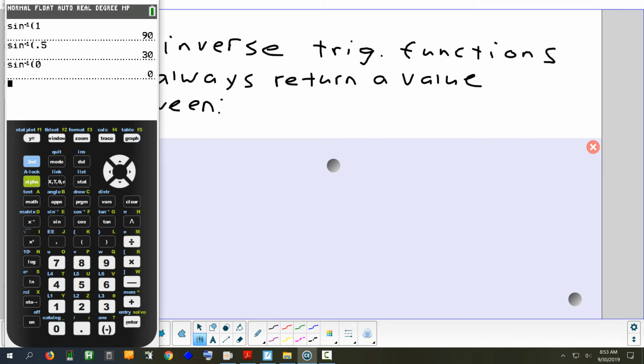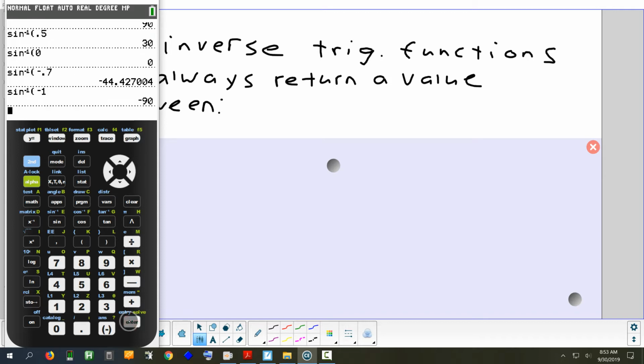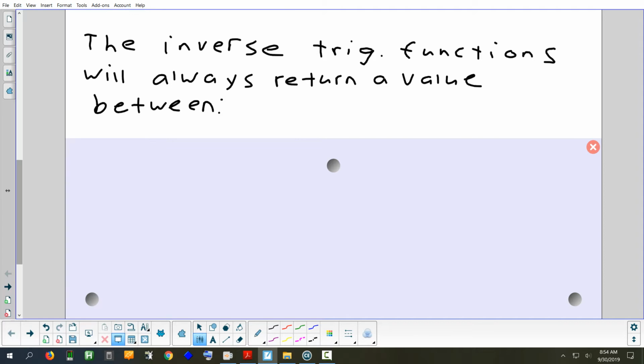Let's do inverse sine of 0. Get 0. Inverse sine of -0.7, get -44. You can keep going and trying different numbers, but eventually you're going to realize, let's try -1. Get -90. You're always going to get numbers between 90 and -90. Always. And there's a reason.